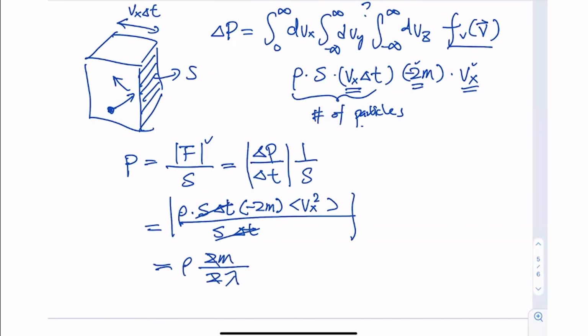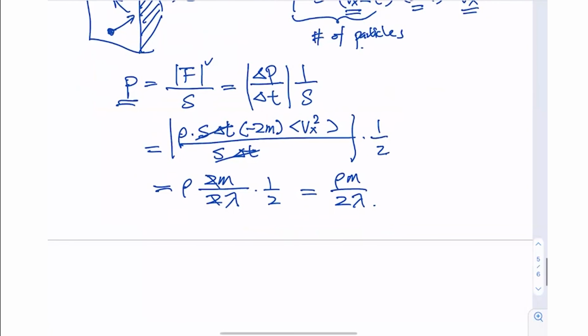Wait, I'm a bit confused. Did I miss anything? Right. This is integration over just half of the system. So I will need another 1/2 outside. So eventually I'll get rho m divided by 2 lambda. Okay, good. There's no problem about that.